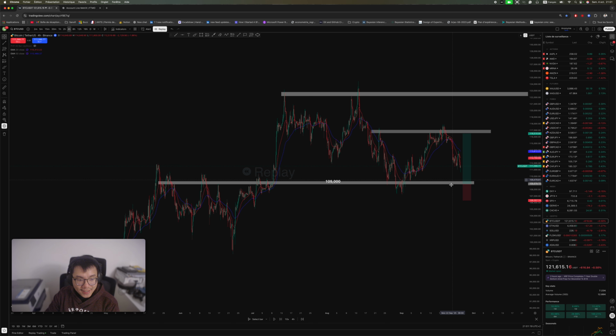The next key level for me is this one, the 109K. As you can see, it is a very key support level because in the past there's a lot of reaction. Price reacted 1, 2, 3, 4 times, here and here. As you can see, price respected this level a lot in the past.